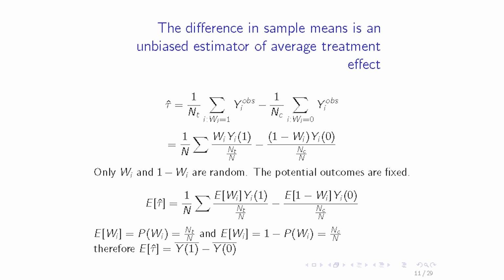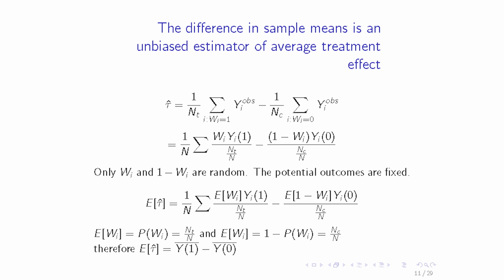So if we take the expectation of this tau hat, the only thing that we have to take expectation over is Wi. And now we know from the lecture on the assignment distribution that E of Wi, the expectation of that, is simply the probability of being assigned. So NT over N goes here, and NC over N goes here.